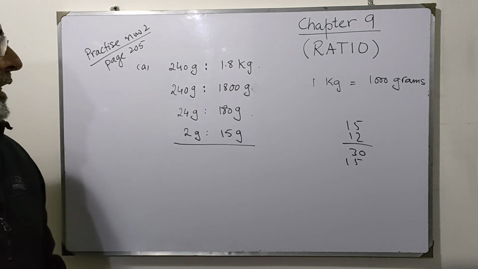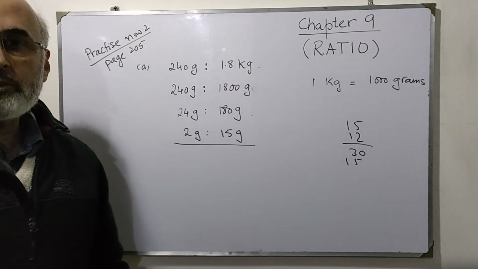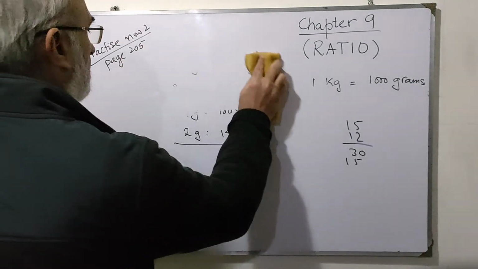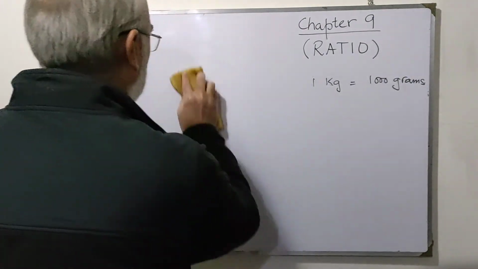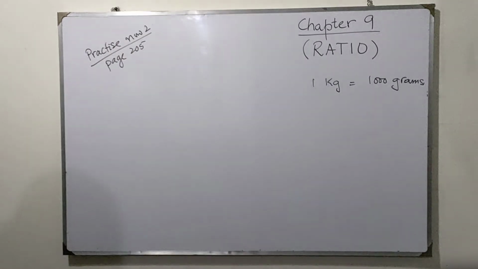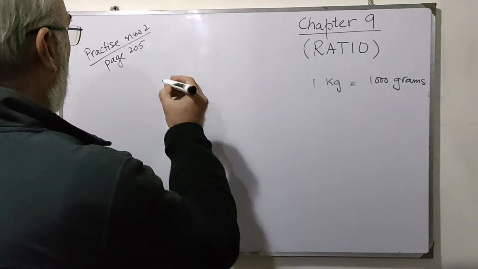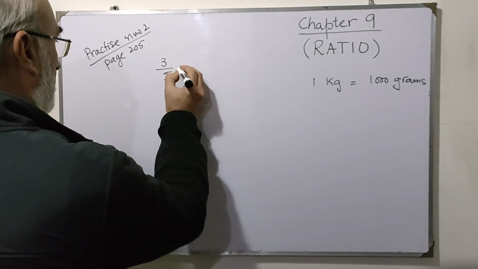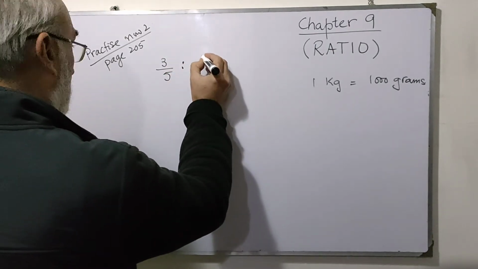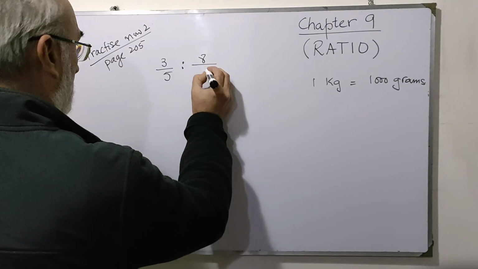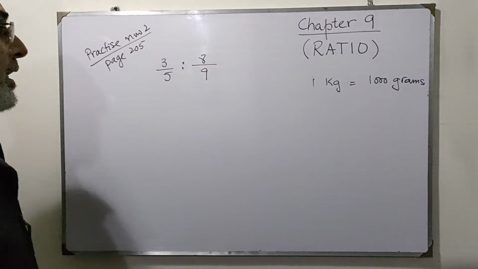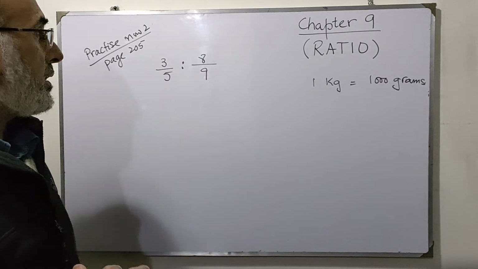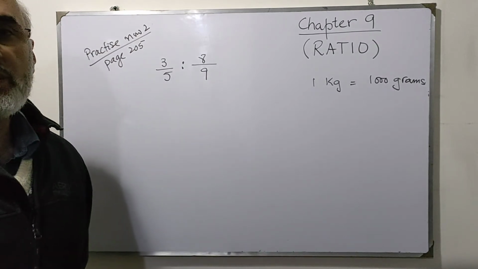Okay. Let's take another example. Now, suppose we have a ratio in this form where we are comparing one fraction with another fraction.